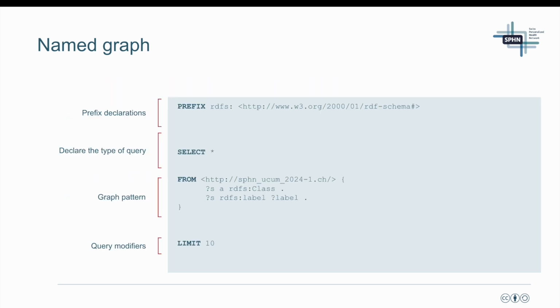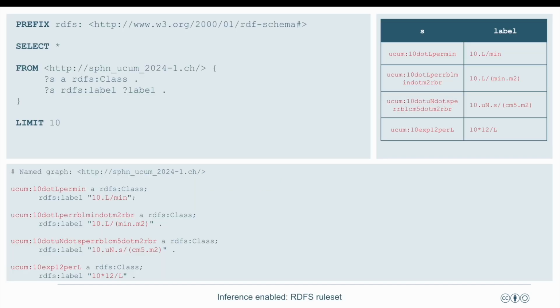Here we see a simple SPARQL query to get all instances of RDFS class and labels from a named graph. And the named graph here is basically a graph that contains the unified codes for units of measurements, or UCUM codes. And the query will get only triples from the UCUM named graph.